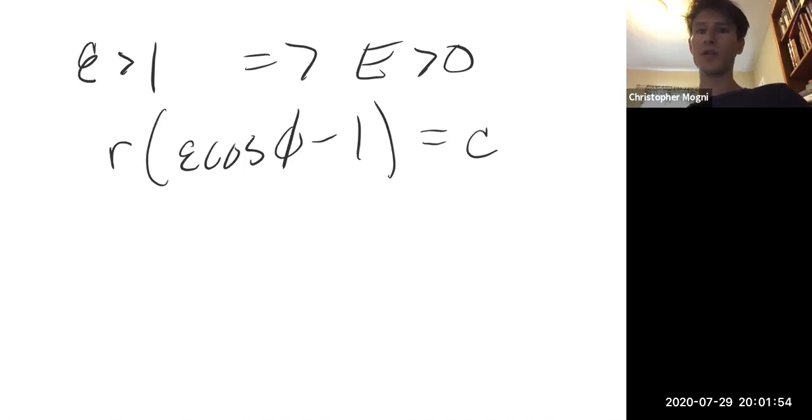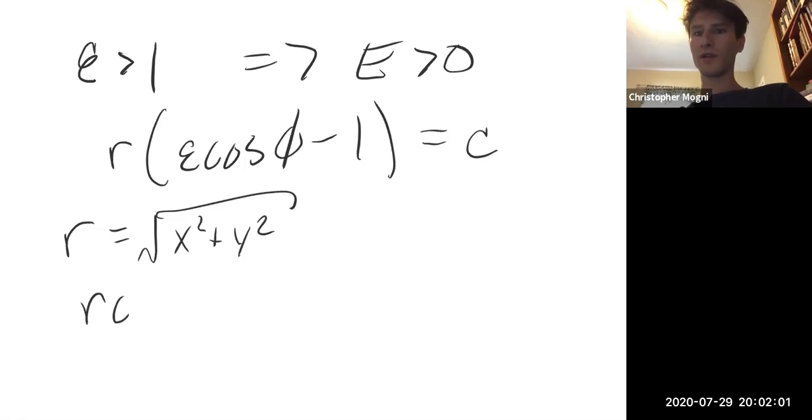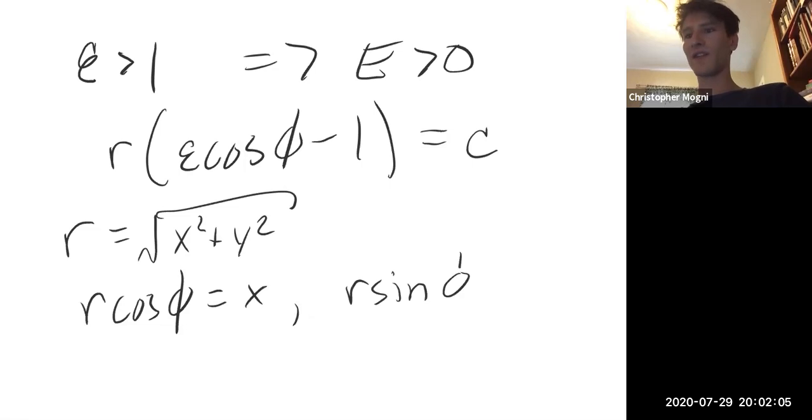How do we solve those? Well, we know the following. r is equal to the square root of x squared plus y squared. And r cosine phi is equal to x. Sorry, phi. r sine phi is equal to y.